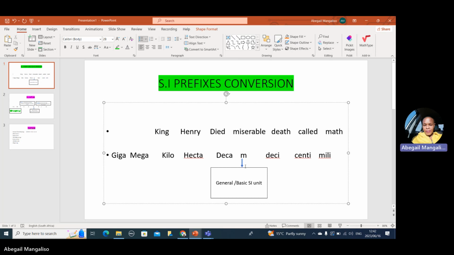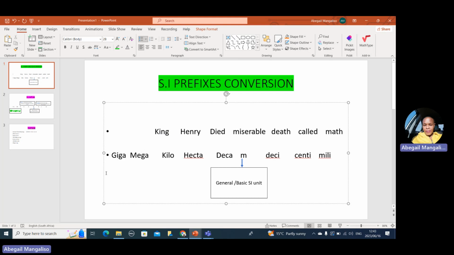Miserable, this is the basic SI unit, so just take M. Death is for deci, and called is for centi. Last M will be for milli. So it's a 7-word sentence: KHDMDCM. King Henry died, miserable death called math.